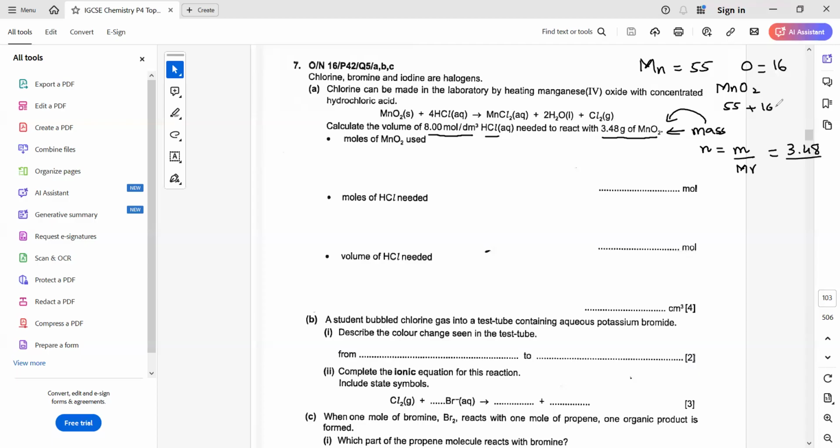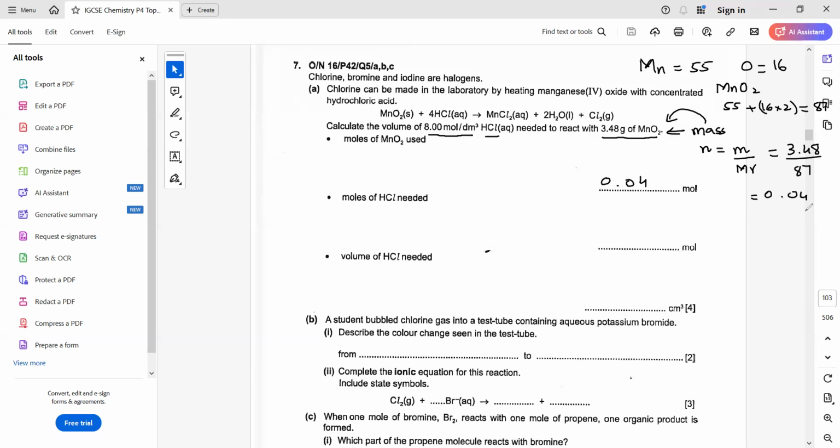So let's do 16 times 2. That is 32. So what do we get if we add them up? So that's 55 plus 32. We have 87, right? So if we divide both of these, what do we get? 3.48 divided by 87. So that's 0.04 moles.